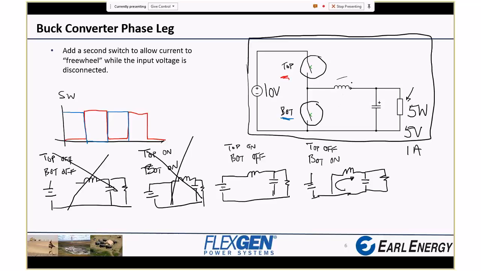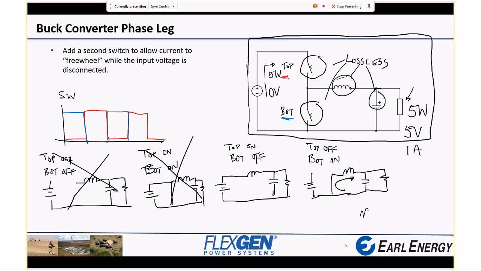And ideally, what I said was that the switches are ideal, and that the inductor and capacitor are ideal. So these are all lossless components, so I don't have to accumulate any losses for those. So the power delivered by the battery is just 5 watts.